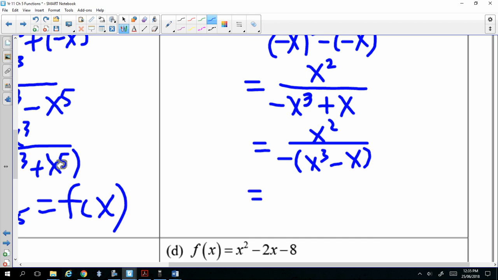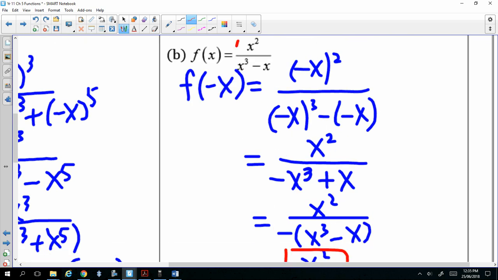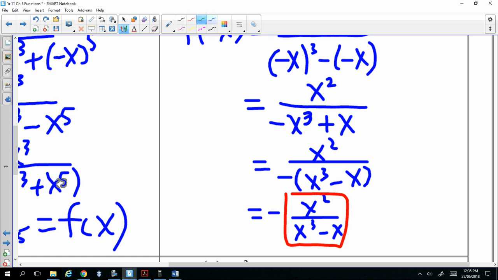So you got the extra negative fx. So what does that tell you? It is an odd function. So you can see when you divide even by odd, you get an odd function. But odd divided by odd, you get even. Right? The top is even, the bottom is odd.